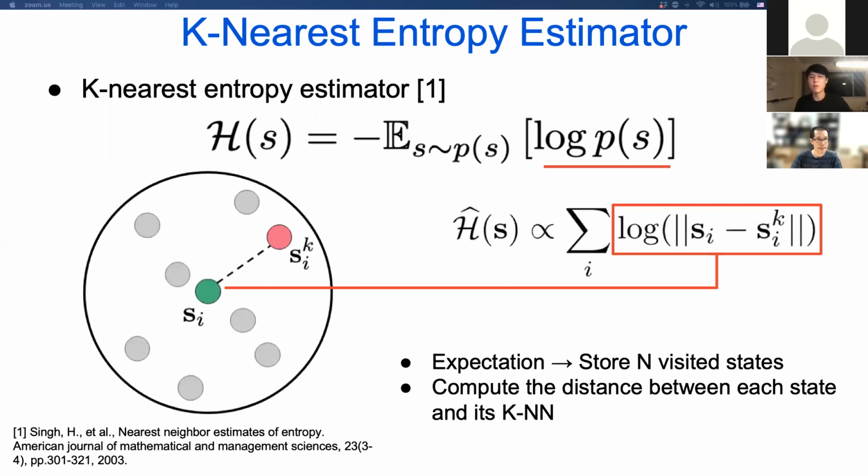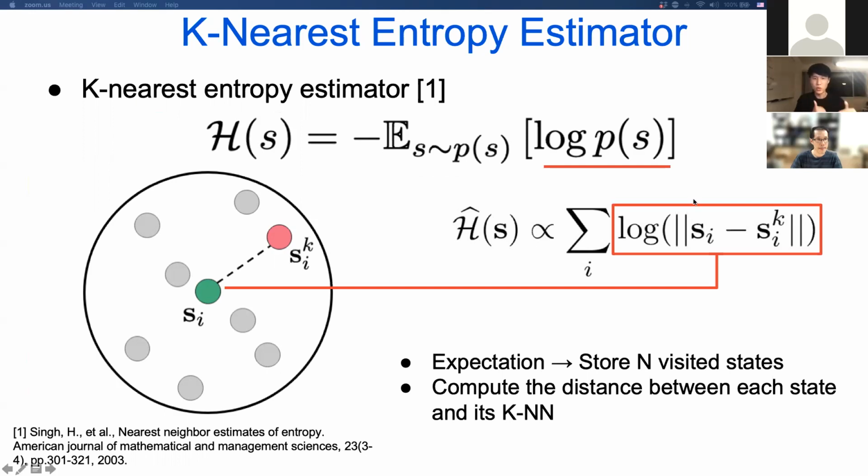And instead of computing the log likelihood, we compute the distance between each state and its k-nearest neighbor because we don't know the state distribution. Then we can derive our approximation as shown in this equation.